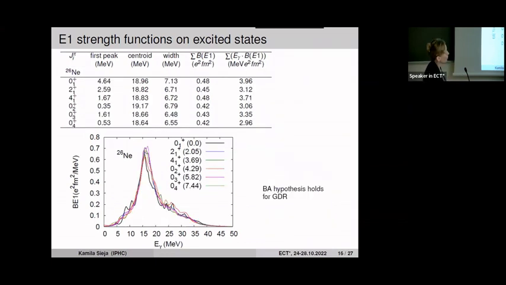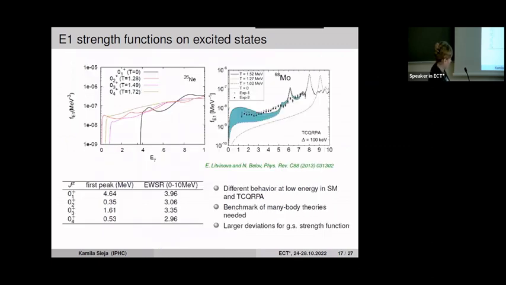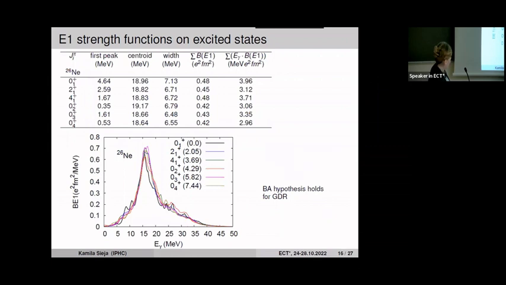Now, if you go to a more neutron-rich nucleus, which has some kind of low energy bump, let's call it pygmy, then the effects are not so obvious. There is as well the first peak, and it goes indeed down because of the same effect of availability of many excited states of different parities.